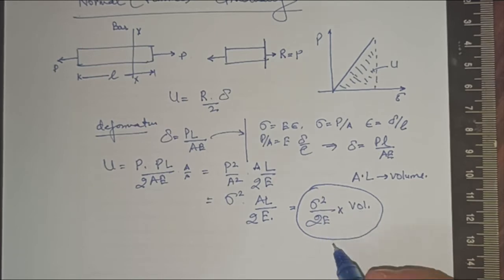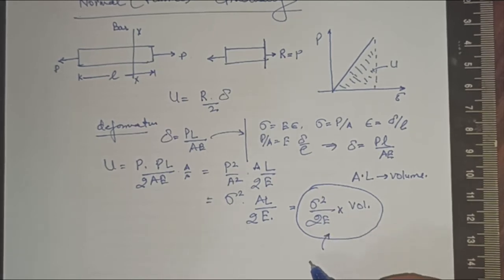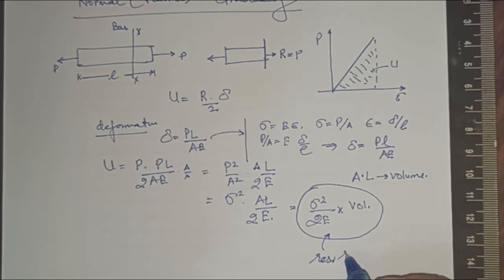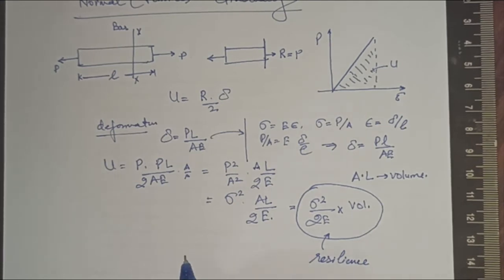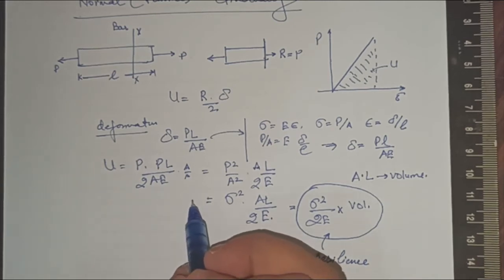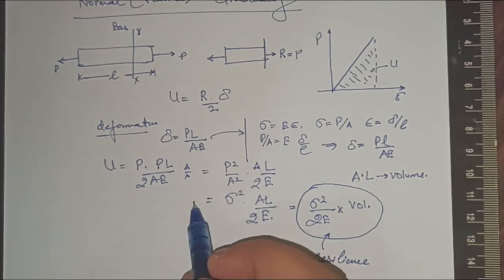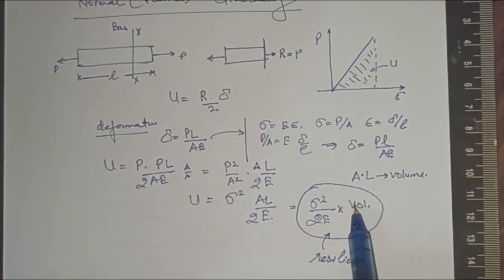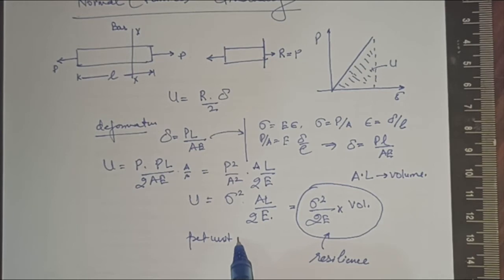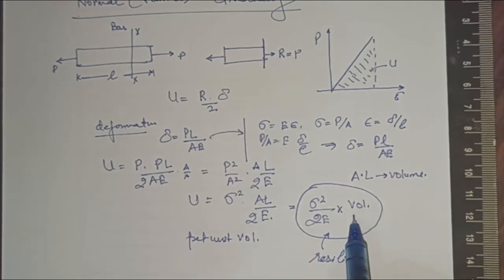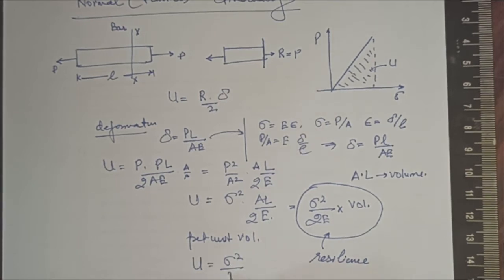Just to tell you, this sigma square upon 2E times volume is also known as resilience. And if you keep this capital U per unit volume, you divide by the volume, so your strain energy U becomes sigma square upon 2E.